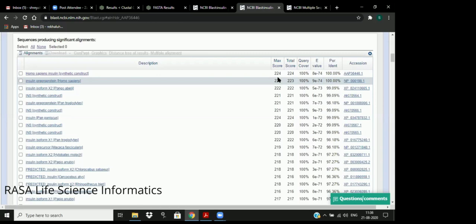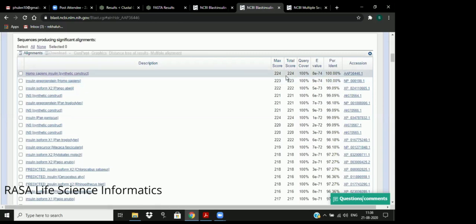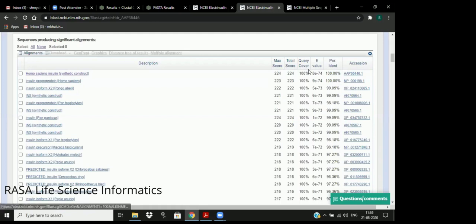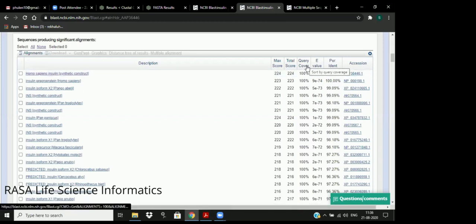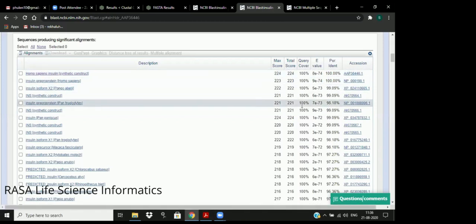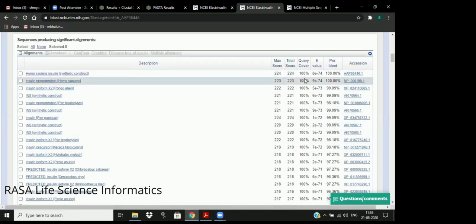Okay. Now query coverage. When you talk about query coverage, what does it mean? Exactly how many amino acids are aligning, excluding the gaps. So it is 100% for our first case, second 100, third 100.